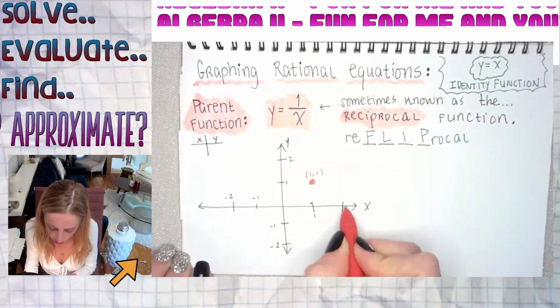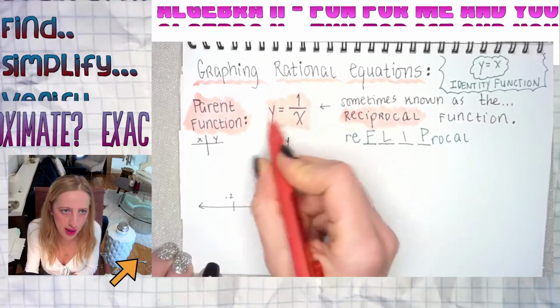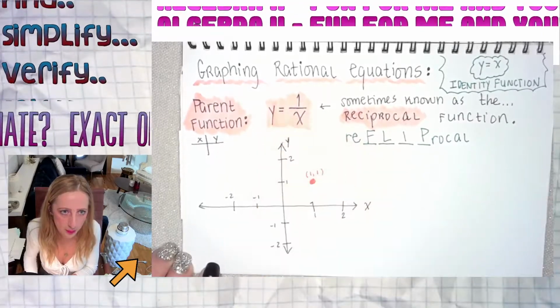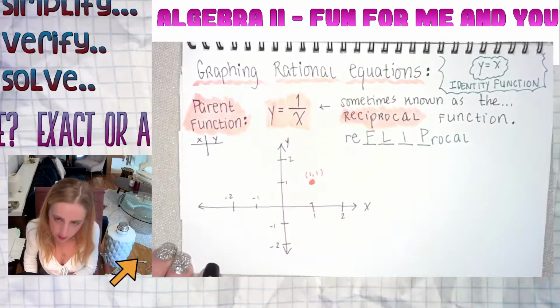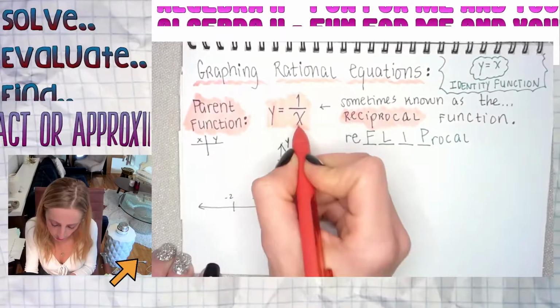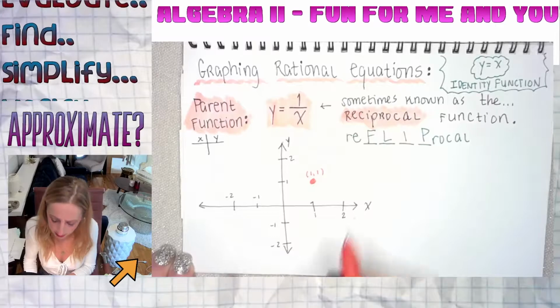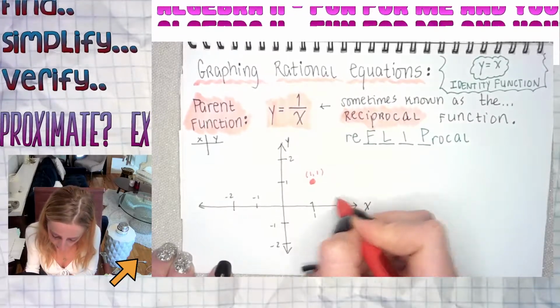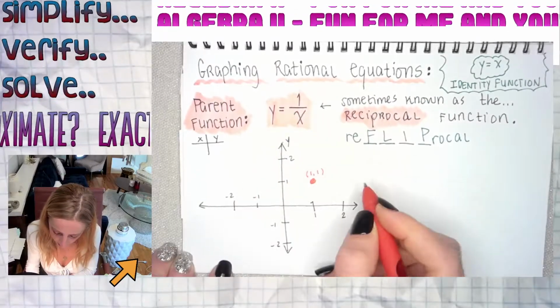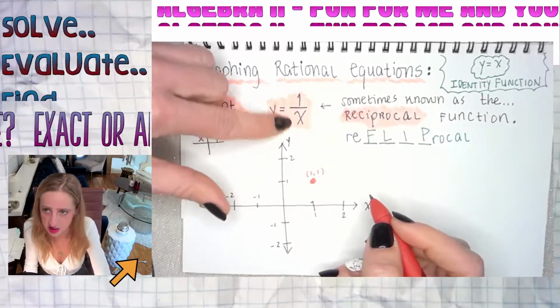What if you plug in 2 for x? What do you get for y? If you fill in a 2 for the x, y equals what? Just state what it is.